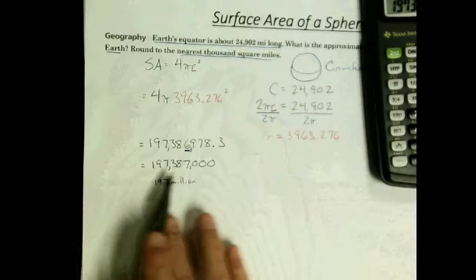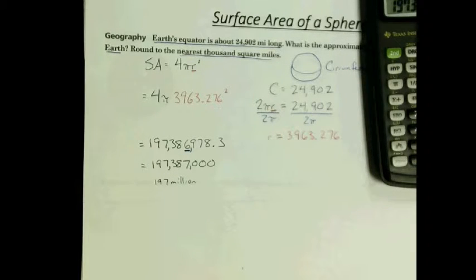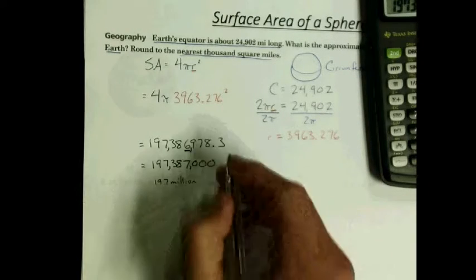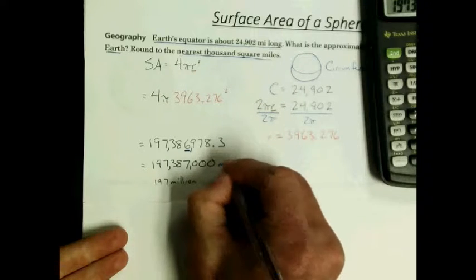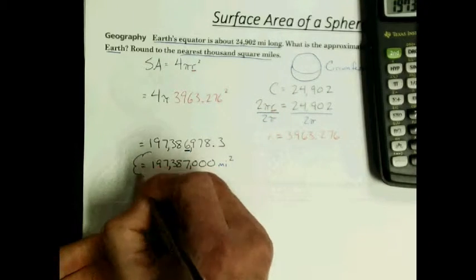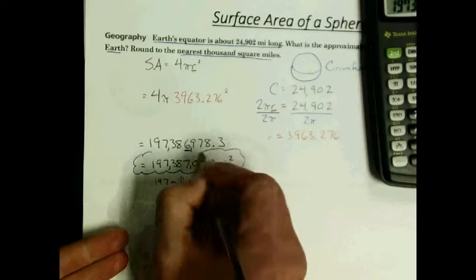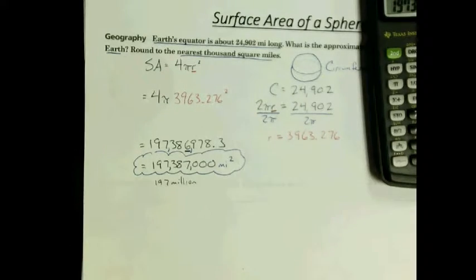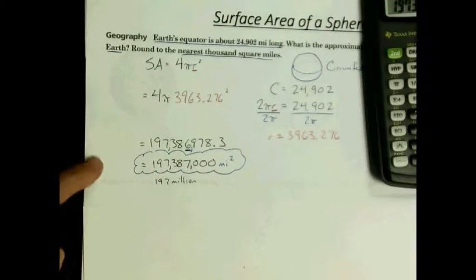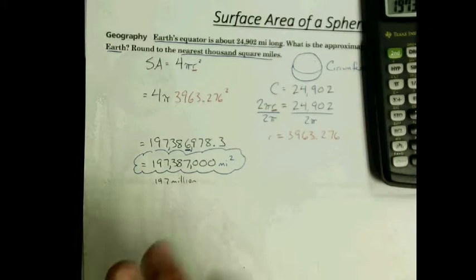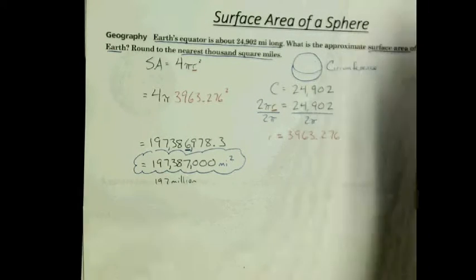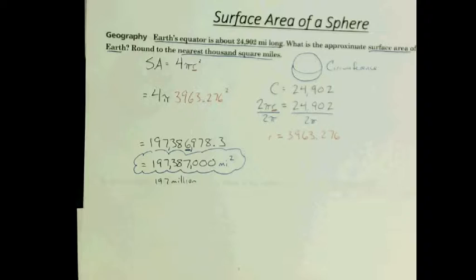But this is rounded to the nearest 1,000 square miles, which is my last point. We need to use proper units of measure. So that is our surface area of the Earth, given the Earth's circumference. See, I told you it was a neat question, and I told you, like, oh, no, I don't like neat. Okay, so let's move on to the next thing.